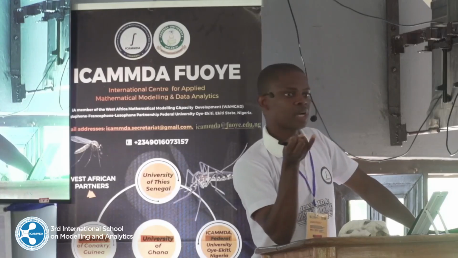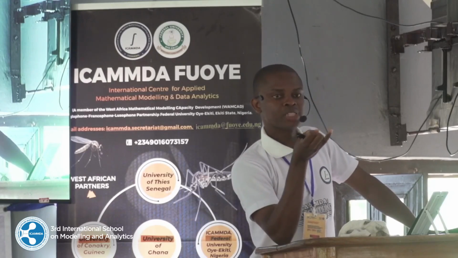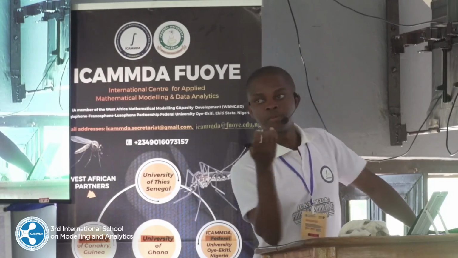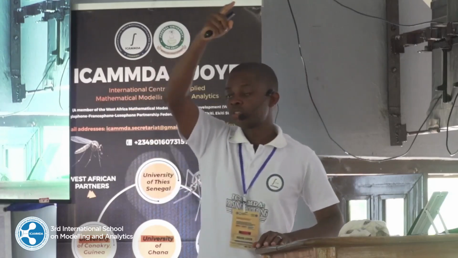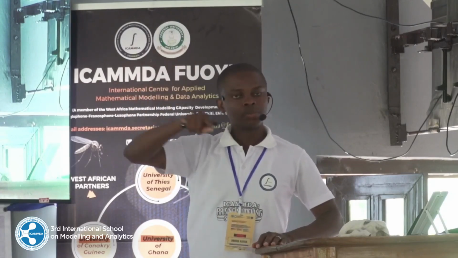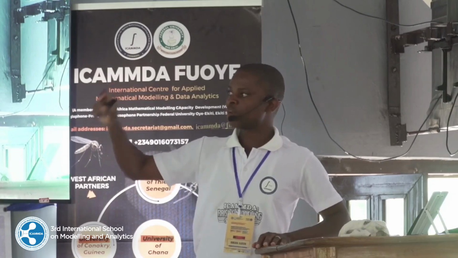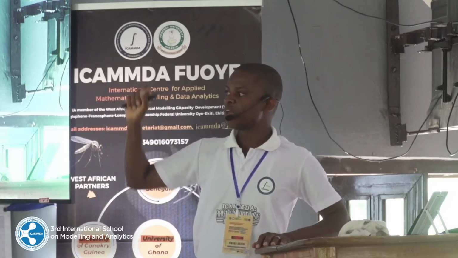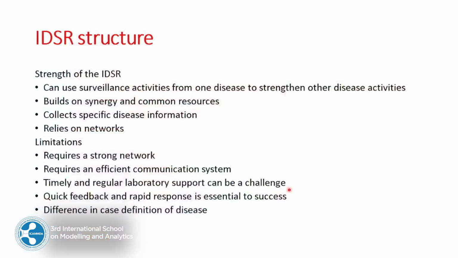In the case of COVID-19, we see that the man from Italy came into Nigeria via the international air route in Lagos, and they began to trace that person down to some of the southwestern states which the individual had gone to. All right. So it is very important to have a very strong communication network, so that one will be able to carry out surveillance reliably in the country.